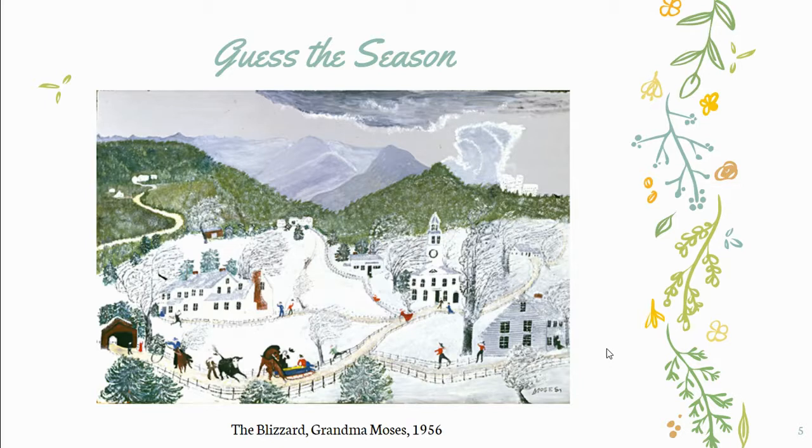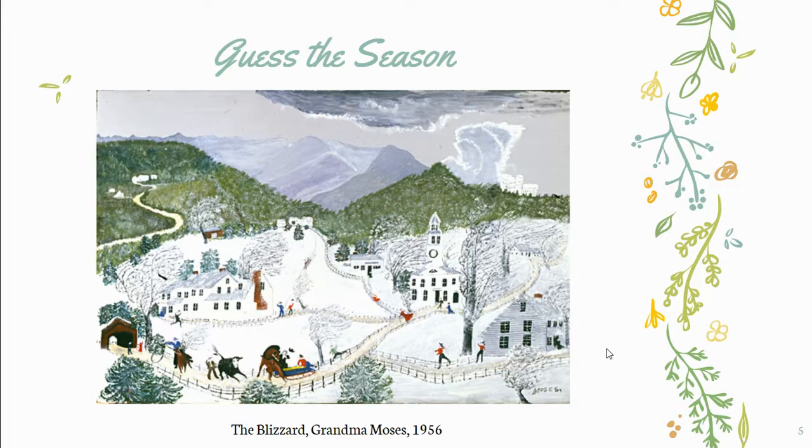And people are outside with warm clothes on, and they're sledding, and it looks like they're skating or skiing and just enjoying all of those wintertime activities. Oh, and look at the sky. Ooh, it looks like there might be a snowstorm coming. This is called The Blizzard by Grandma Moses in 1956. So that was a big hint as well.